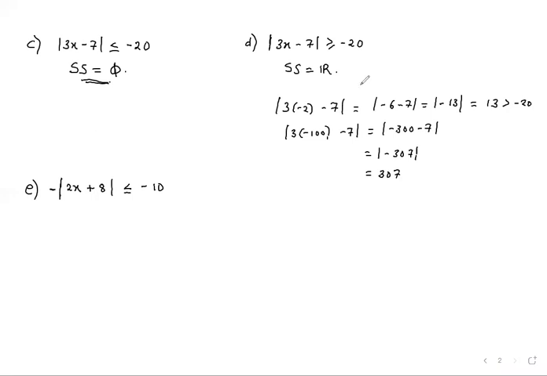Because we have this negative here, we can divide the other side also, so that we remain with the modulus of 2x plus 8 greater or equal to positive 10. And once it's positive 10, the question now changes. We can now solve this. How do we solve it? We'll have two equations: 2x plus 8 greater or equal to 10, or 2x plus 8 less or equal to negative 10.